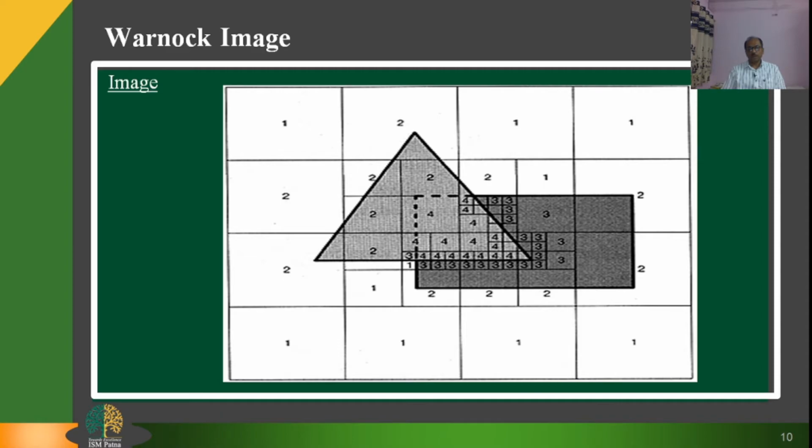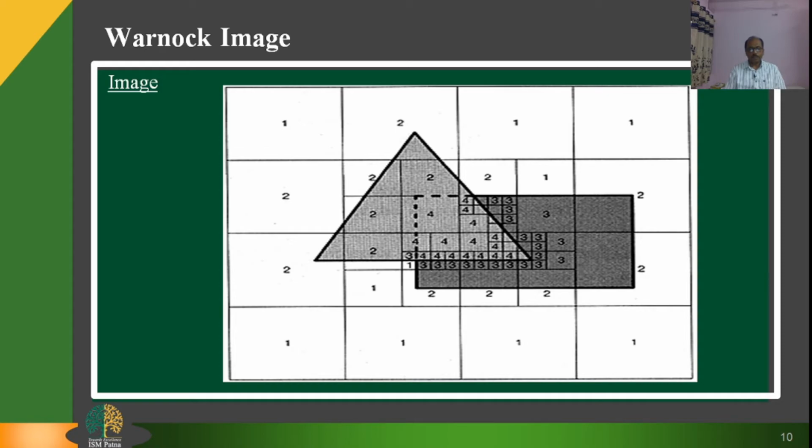So we have clearly understood with the figure that the subdivision is done up to a precise level, and that's why it is termed a precision approach.